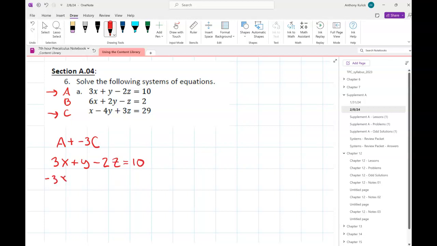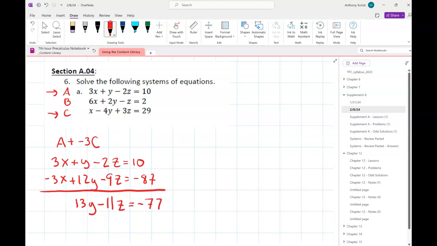And then equation C, we're multiplying everything through by negative 3. So when I add that down, I end up with 13y minus 11z equals negative 77. So far, so good.